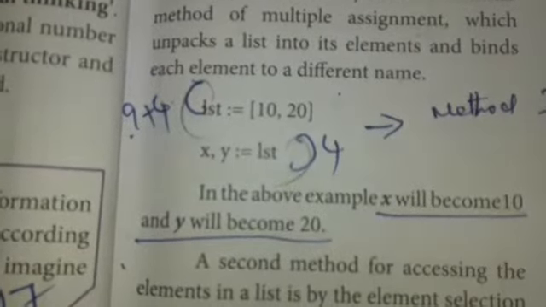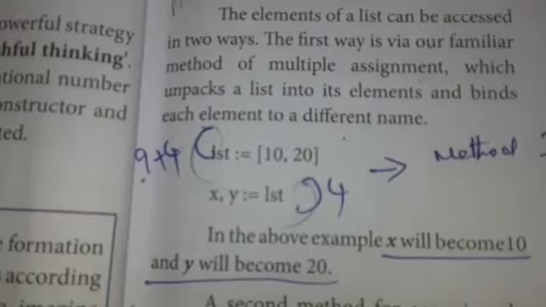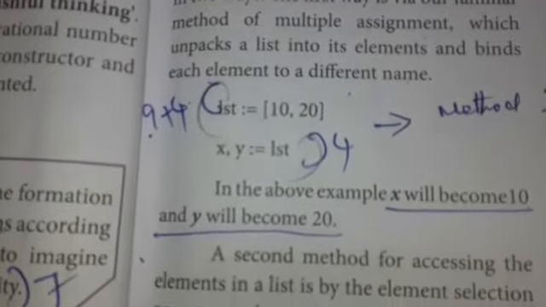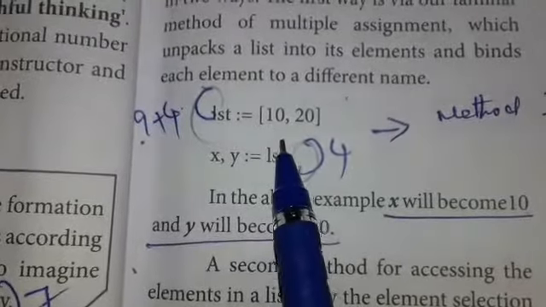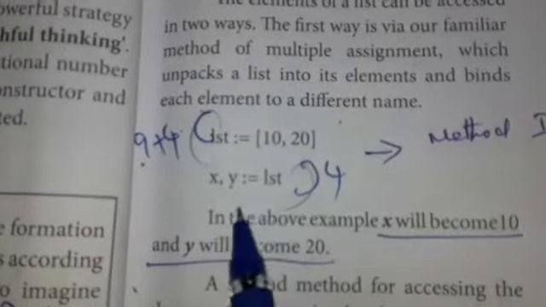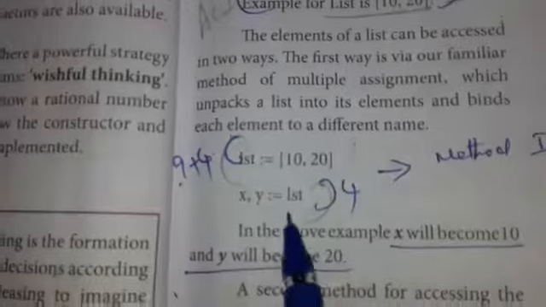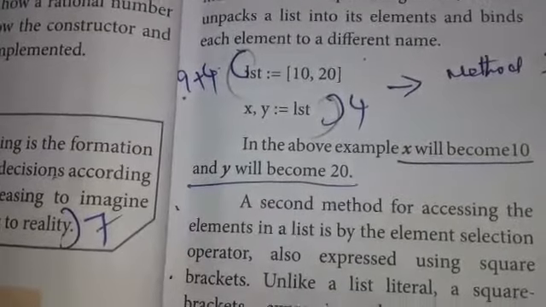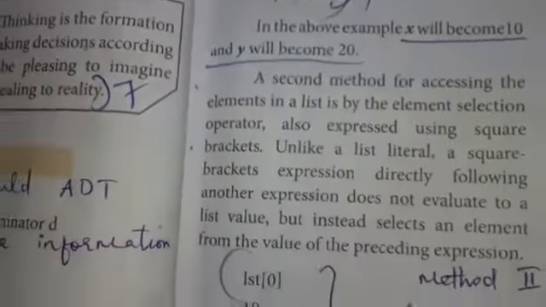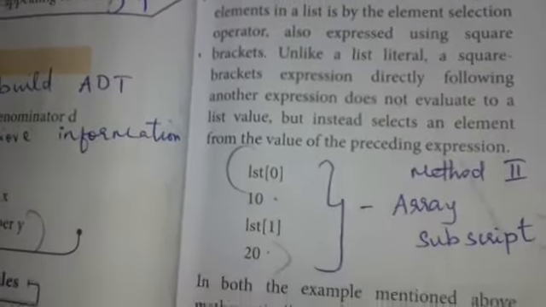Now how will these values be taken? You can use two methods for taking the values. First method is x, y is equal to the value of the list, 10, 20, and the second method which we are using is in the form of array subscript. What is this array subscript?